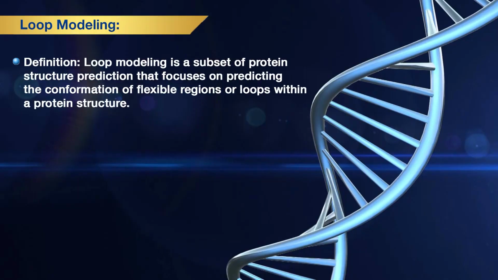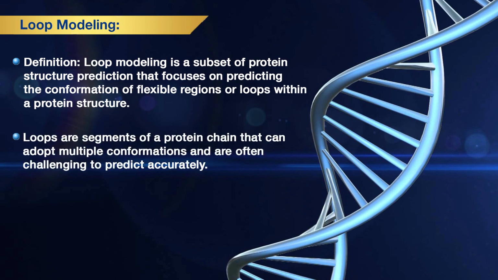Now, let us see what you understand by loop modeling. Now, what is loop modeling, or what is a loop? It is a secondary structure, as we saw about alpha helix, beta sheets, turns and coils. So, to understand loop modeling, what is the definition of loop modeling? Loop modeling is a subset of protein structure prediction that focuses on predicting the conformation of flexible regions, or the loops, within a protein structure.